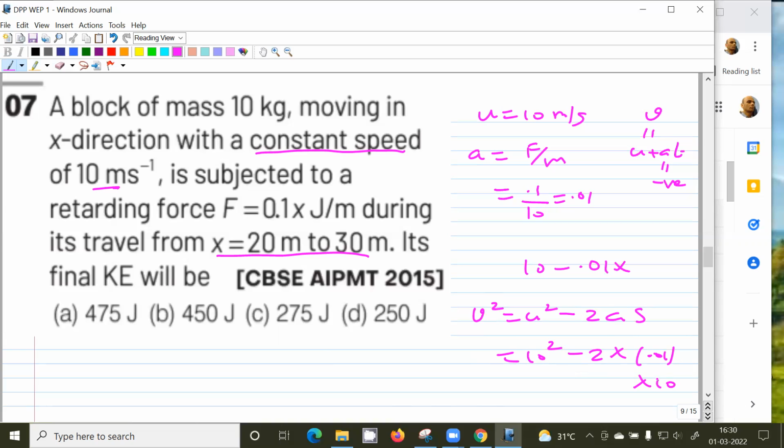So 100 minus 0.2, 99.8. So half into m into v square, so this 1000 by 2, 500. I made some mistake.